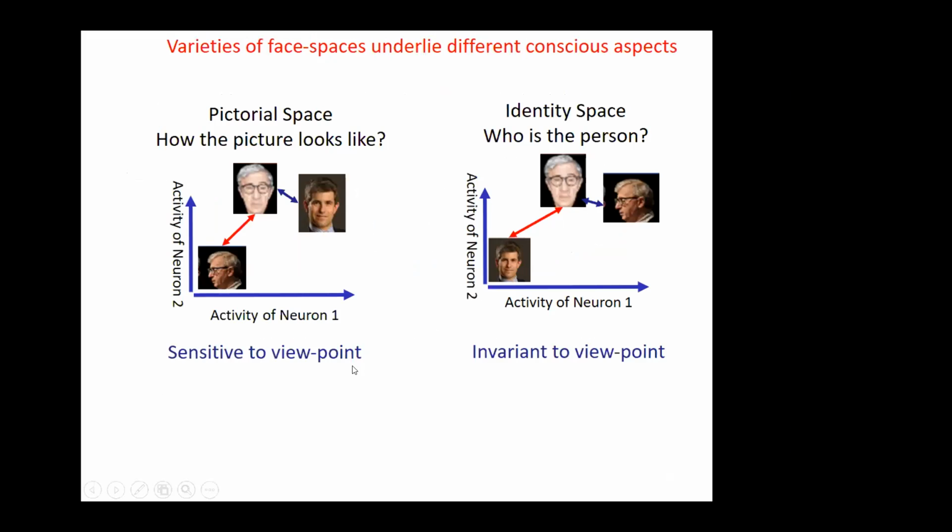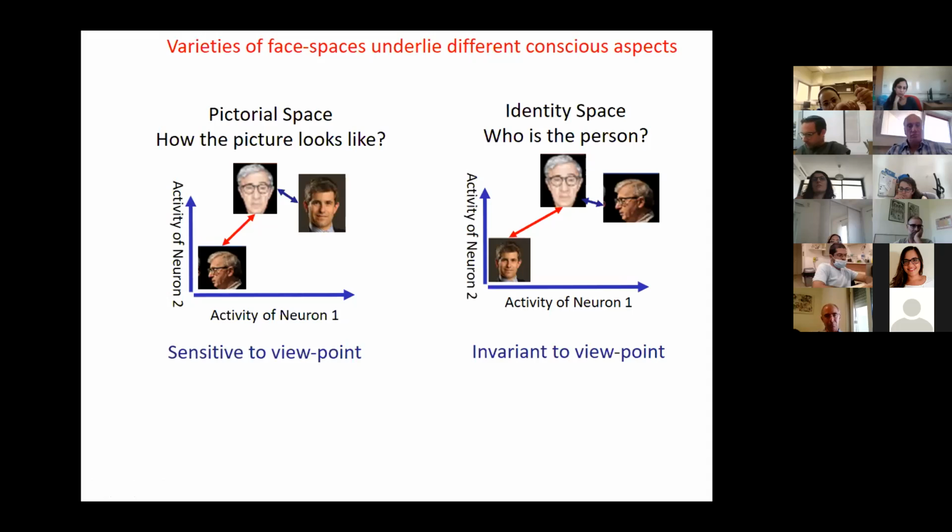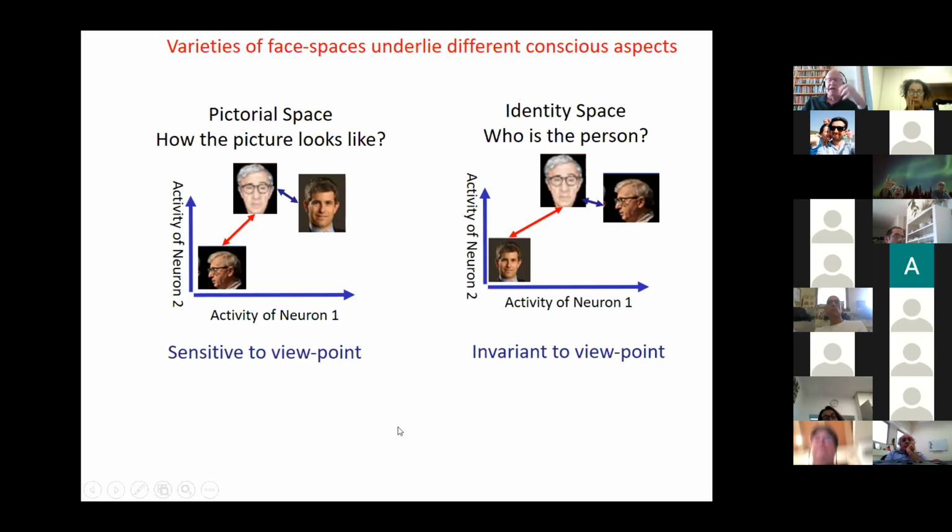Now, you might say correctly that seeing a face is very complex. Being conscious of any image has many aspects to it. And in faces, this is particularly clear and easy to describe, because we can think about two aspects of conscious perception of a face, especially a familiar face. The first aspect is simply how the face appears to us as a picture without knowing who the person is.